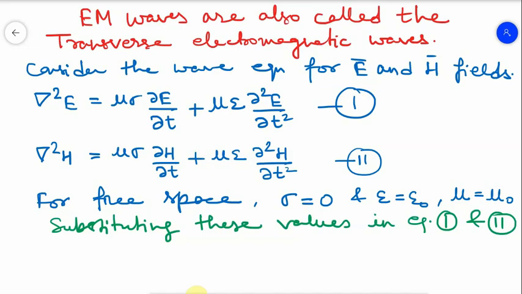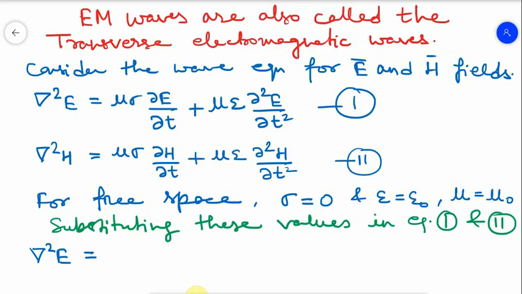Equation 1 will become del 2E equals, in place of mu we write mu 0, and in place of sigma, 0. So this term will be 0, because sigma is 0. So only we will have this term: in place of mu we substitute mu 0, and in place of epsilon we substitute epsilon 0, and del 2E upon del t square.